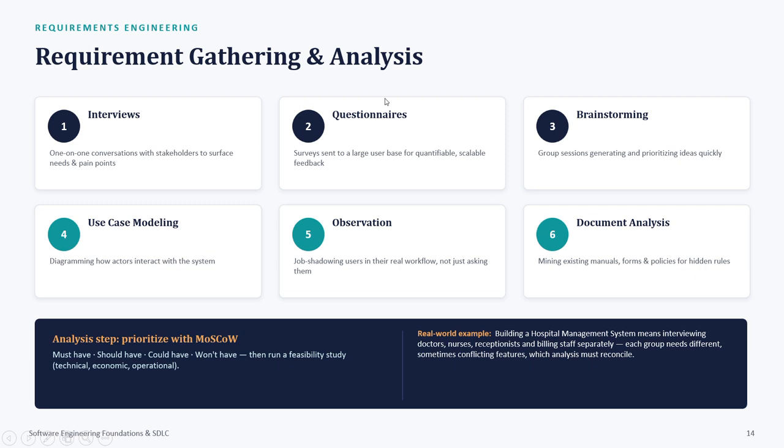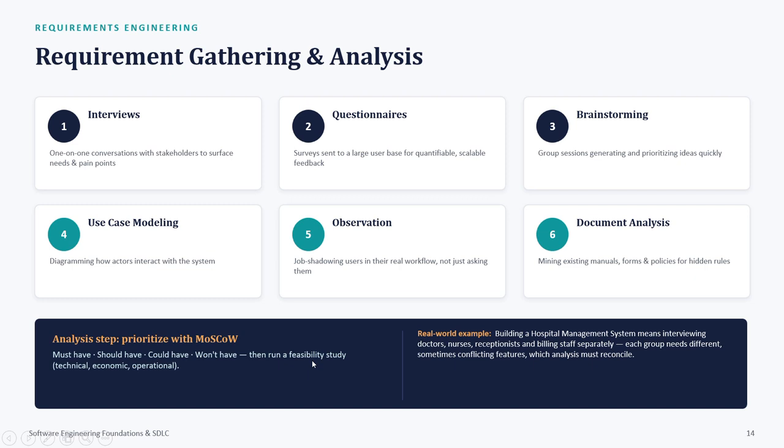What are requirement gathering and analysis? First one is interviews, second one is questionnaires, third one is brainstorming. Fourth one is use case modeling. And fifth one is observation. Sixth one is document analysis. Analysis step: prioritize with MoSCoW. Must have, should have, could have, won't have.